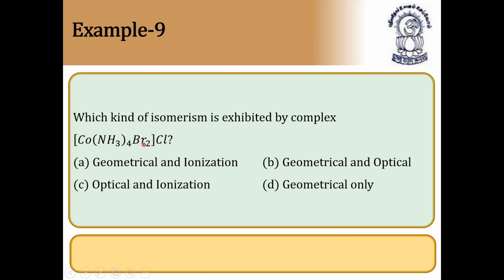Optical is ruled out, and ionization is ruled out. So it is either option A or option B. Definitely it will be geometrical isomerism, because Ma4B2 molecules exhibit geometrical isomerism.